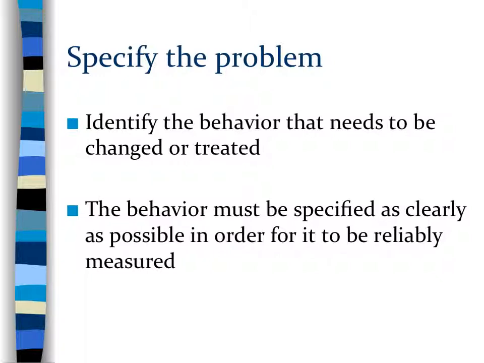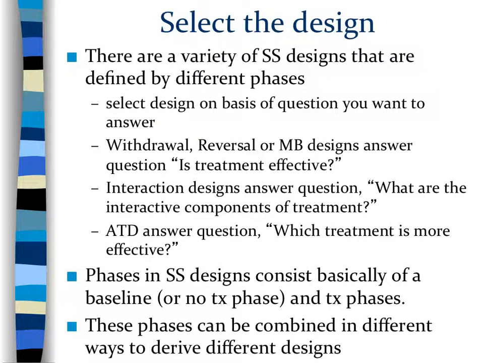The behavior that you identify must be observable, and it must be measurable. The next critical piece is selecting the design. There are a variety of single subject designs that we have talked about, and they are defined by different phases. You have to select a design on the basis of the research question that you want to answer. Withdrawal, reversal, or multiple baseline designs answer the question, is the treatment effective?